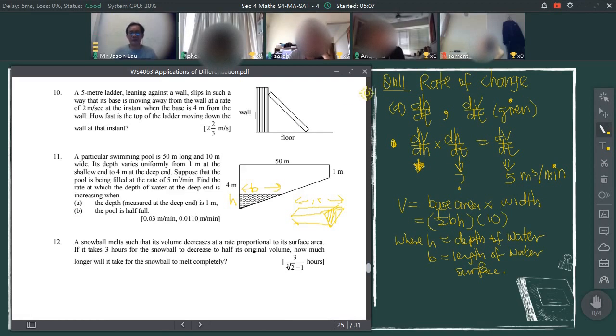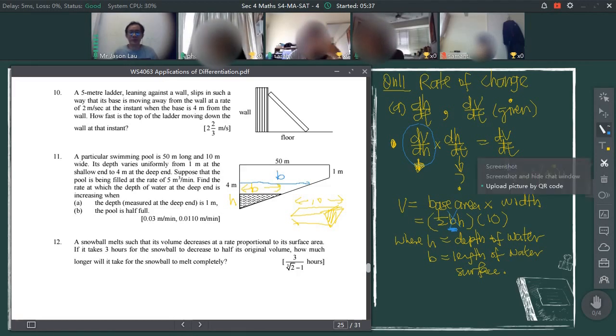People understand what you're trying to get at. Then after that, we talked about it before. To find dV/dh, I cannot allow myself to have another variable. B is a variable, because when your depth of water increases, then your B will be different, longer or shorter. So your B becomes a variable, which we will try to kick out. You need another piece of information to re-express your B away.